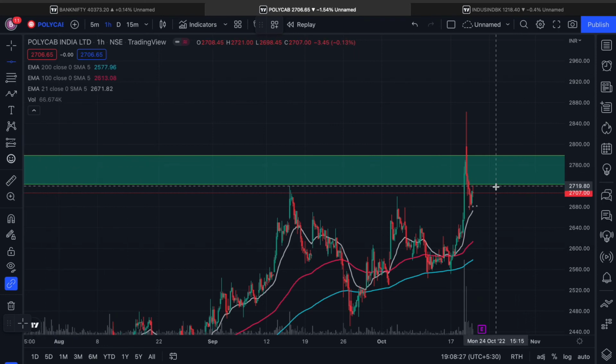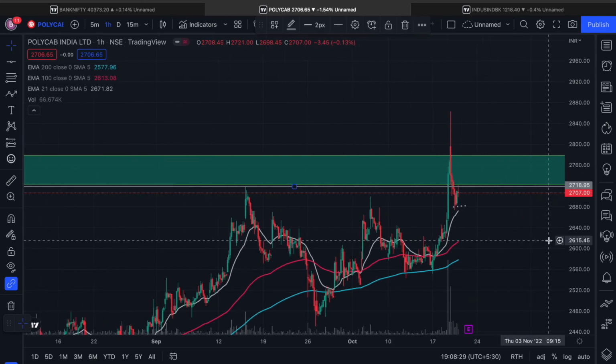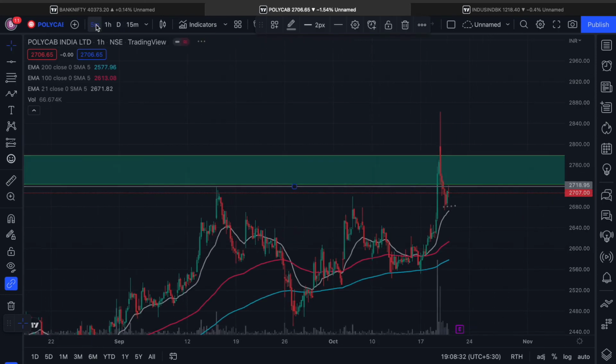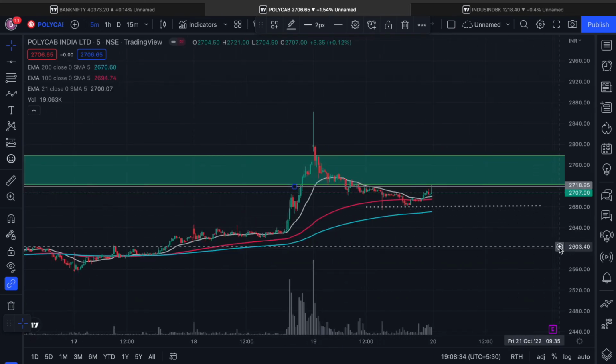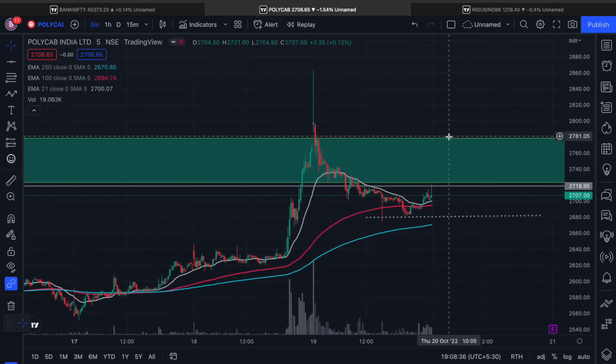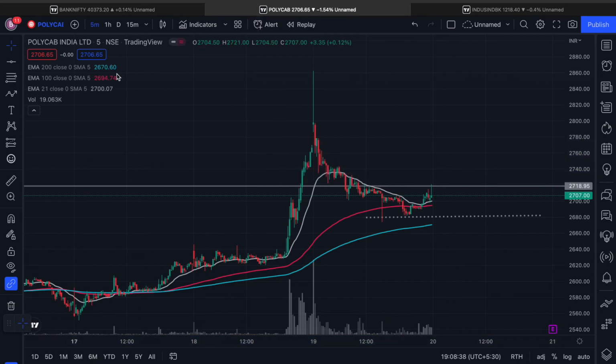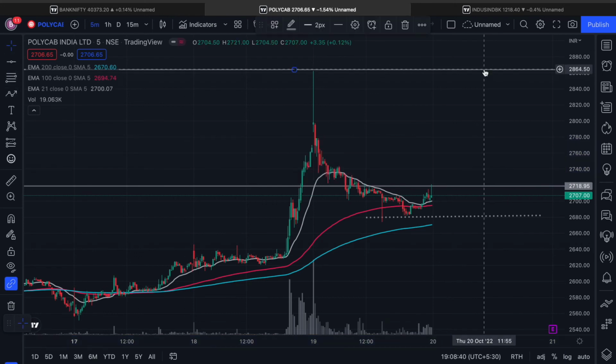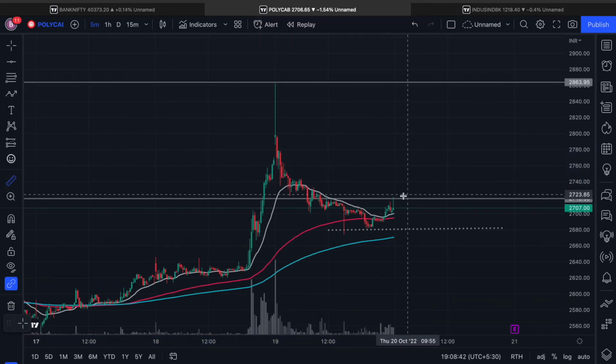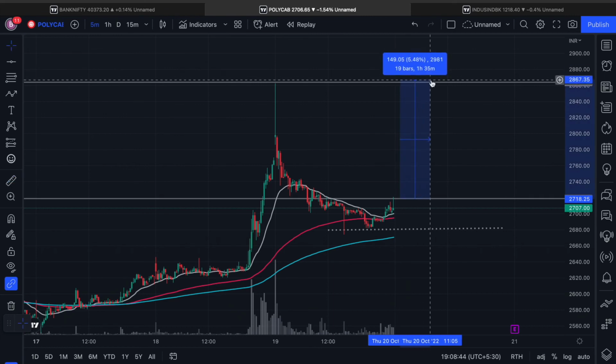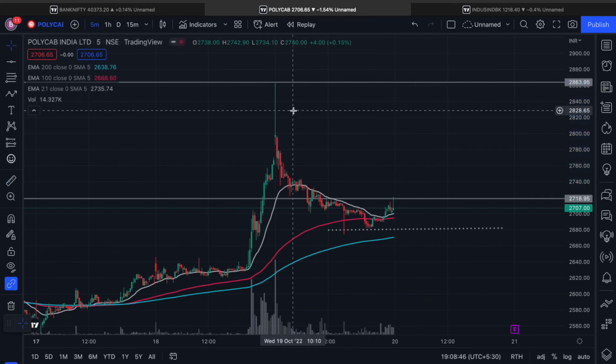So if it manages to sustain above 2720, right, so obviously we can also expect an upside movement from here. The first target can be till this high, right? So this is approximately 5% movement from here, right? So that is also a trade setup that can work out in our favor.